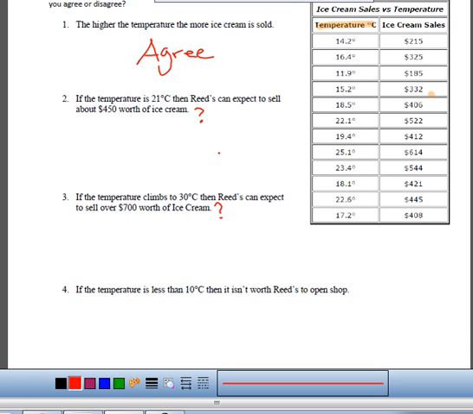And then the last one, if the temperature is less than 10 degrees Celsius, then it isn't worth Reed's to open shop. When I look at the smallest value, which is 11.9 degrees, it's $185. So I don't know if I can answer this question from the table. I can make a guess, but it's not very accurate.